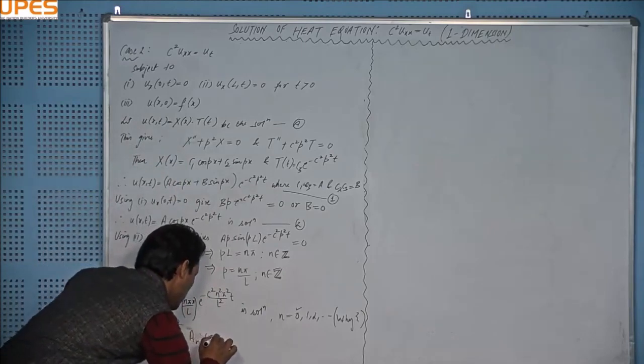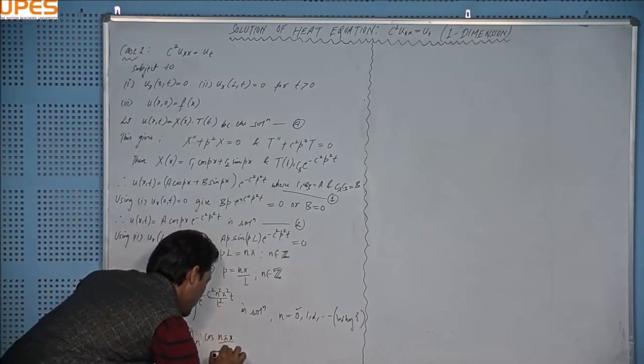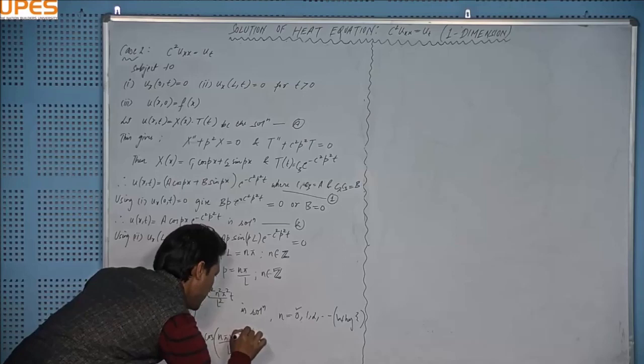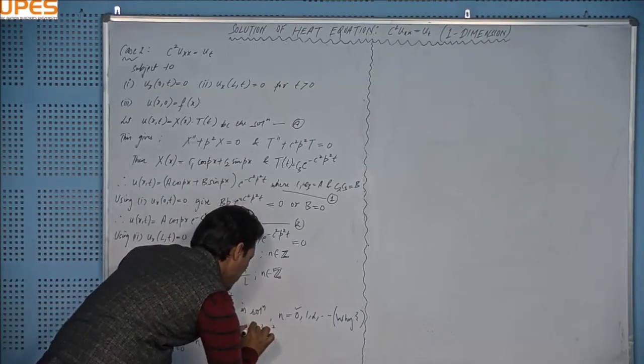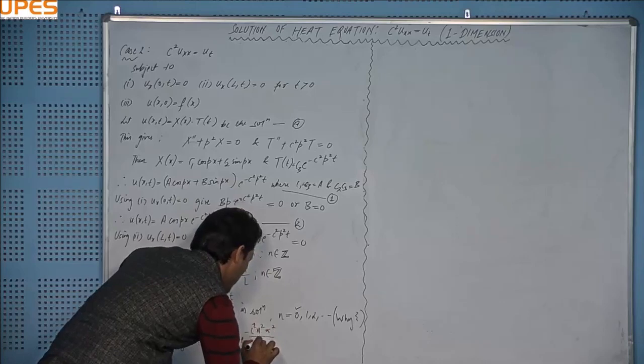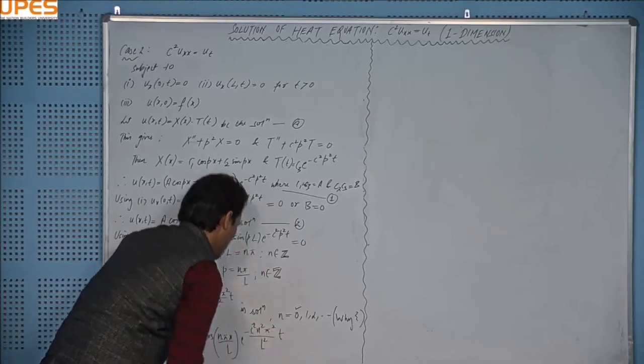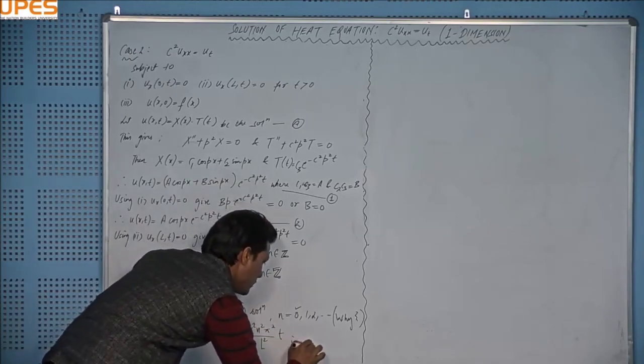cos(n pi x over capital L), and here I have e to the power minus c square n square pi square over L square t is the solution.